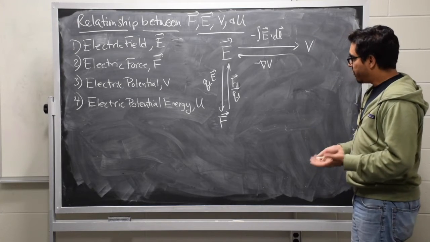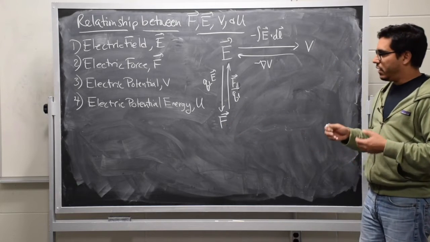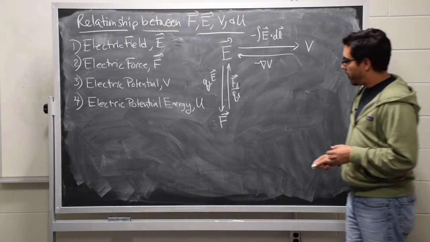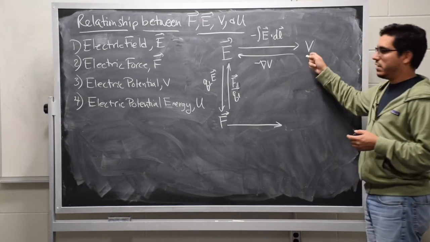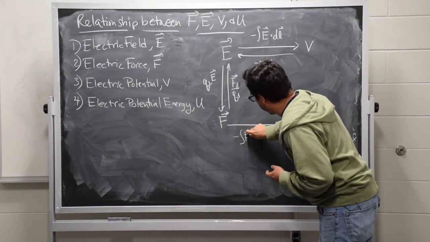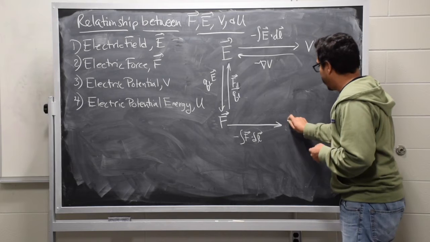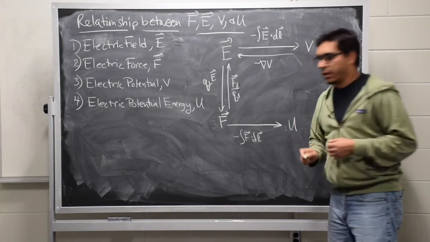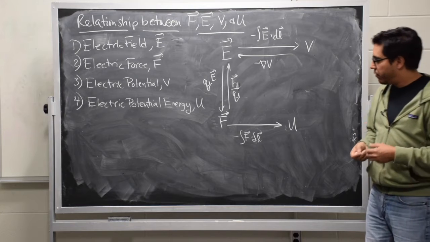Now, in one of the last videos, we figured out how this electric force is related to the electric potential energy, right? And what we do for that is very similar to the process for finding the electric potential. We take minus the integral of that electric force along some path. That will tell us about the change in the electric potential energy associated with that change in location.